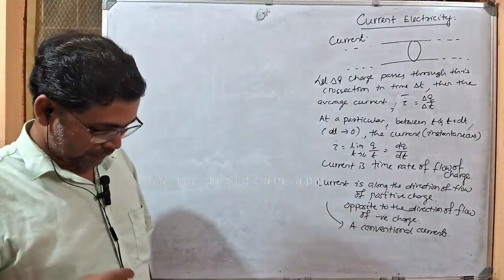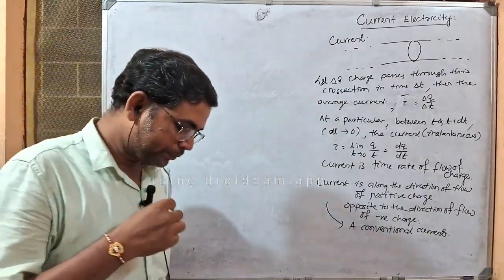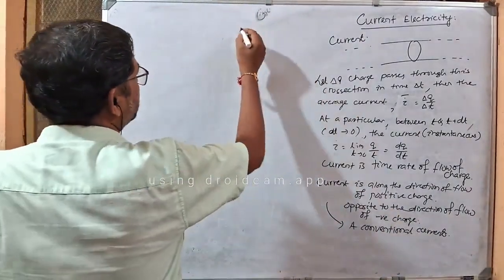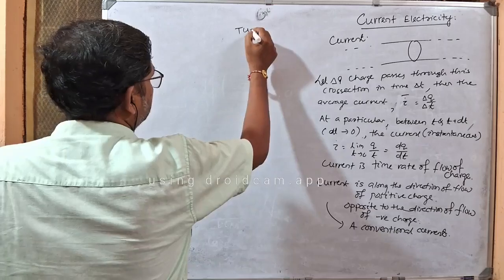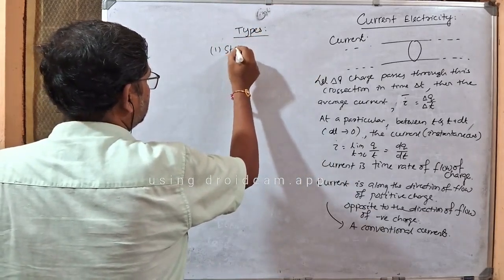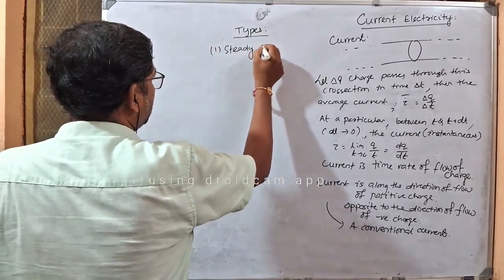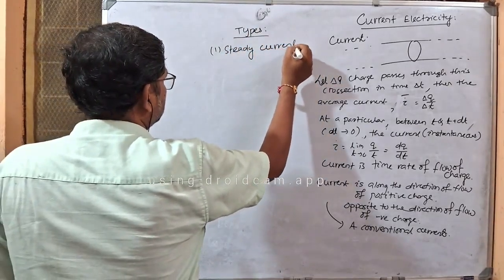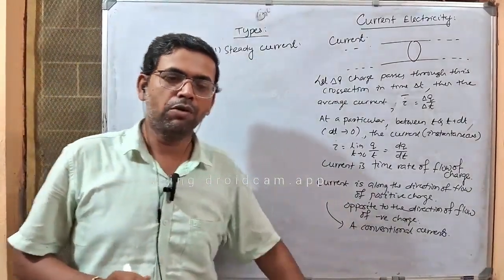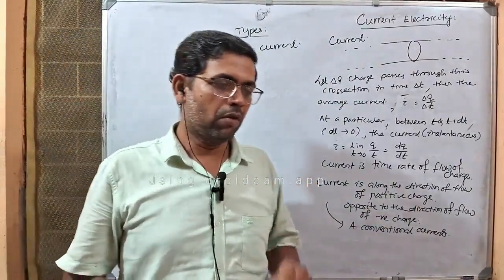And types of current. There are two types of current. First one is steady current. So the word as it is meaning, it's not changing over time.